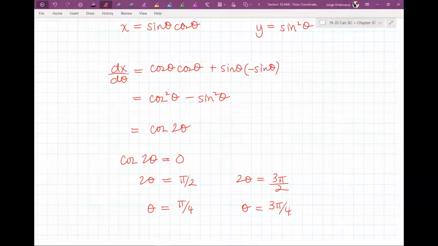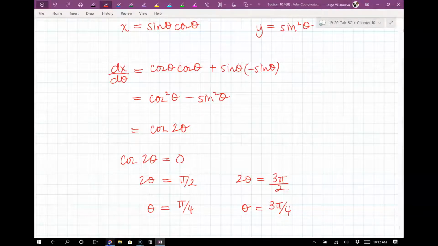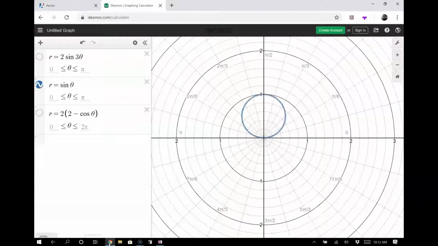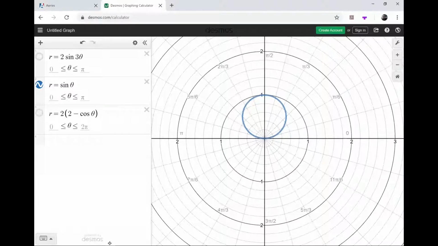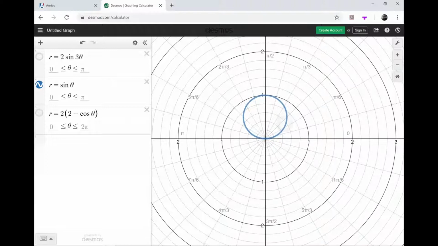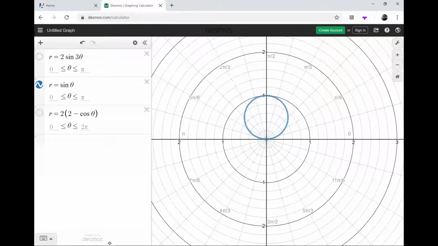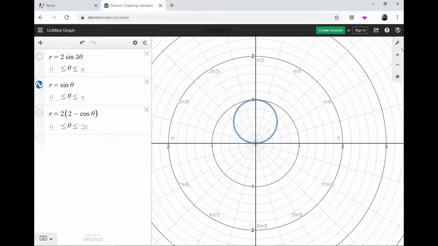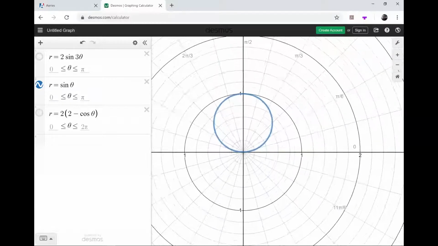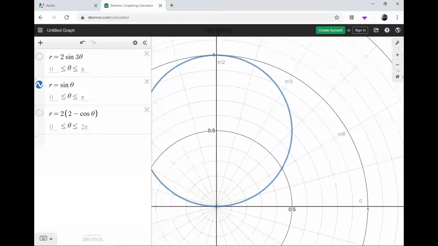Now just so you guys know, if I show you a picture of this function right there, at 45 degrees, I'm kind of surprised. I thought it would let me poke this thing, but I guess it won't. Let me zoom in.